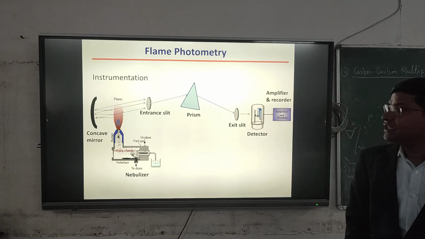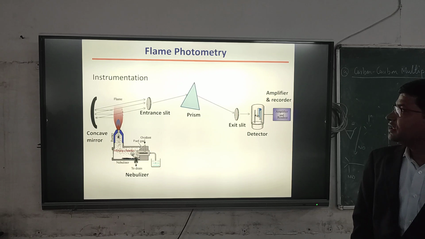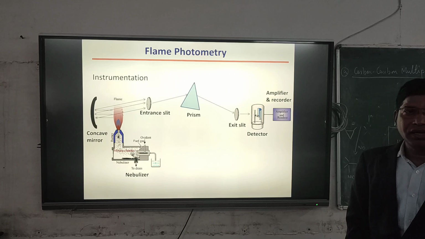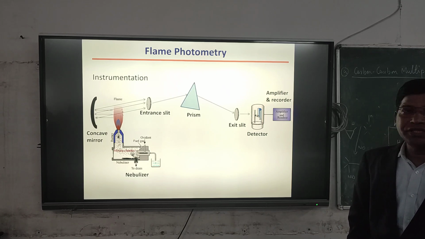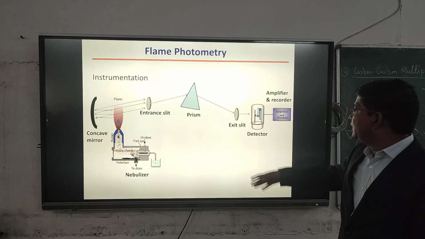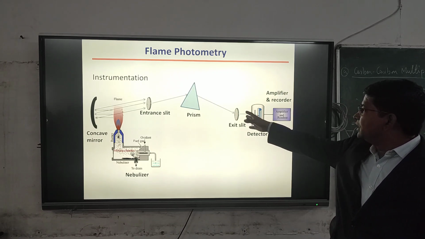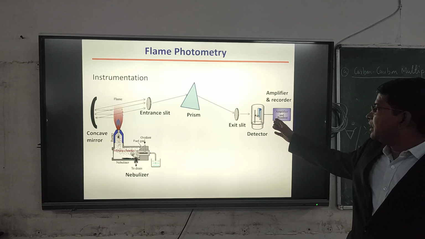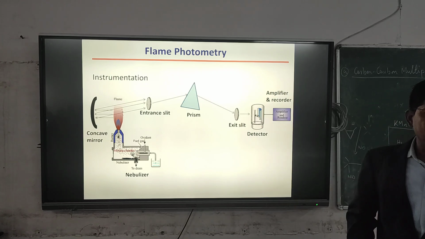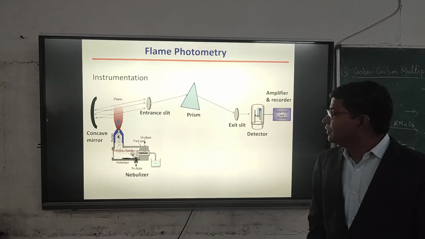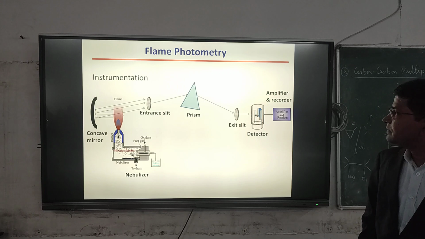The function of the prism is to disperse the radiation coming from the sample, the excited atoms present over the flame. Then we have the exit slit. The exit slit will pass the specific wavelength of the target element that you are going to analyze from a sample.